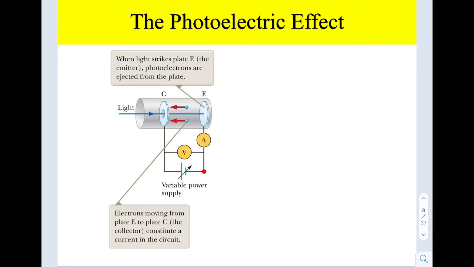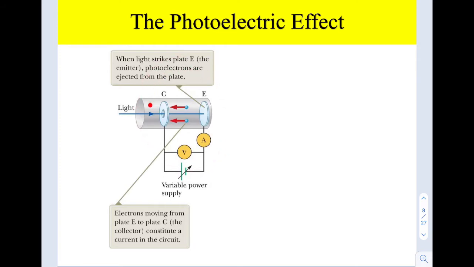The basic setup was initially placed within a dark area, so no electric current was observed. Whenever the setup is placed within an area having light, some current is observed. That is how the experiment got its name, the photoelectric effect.